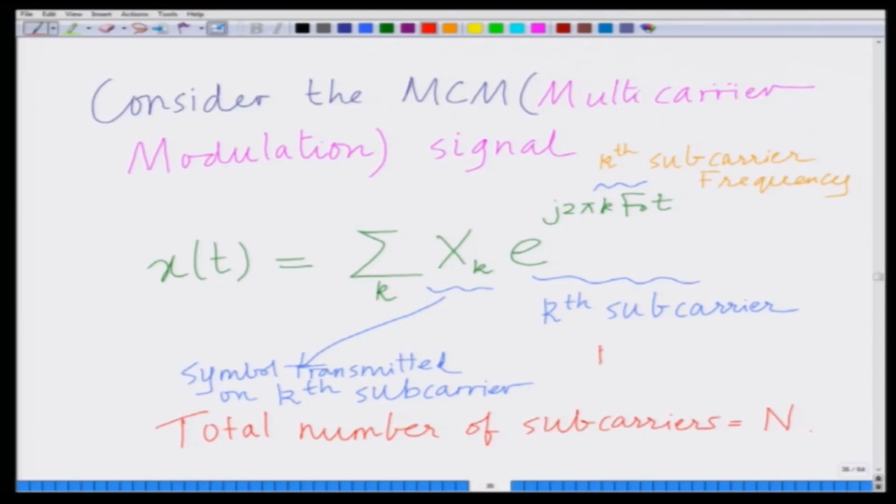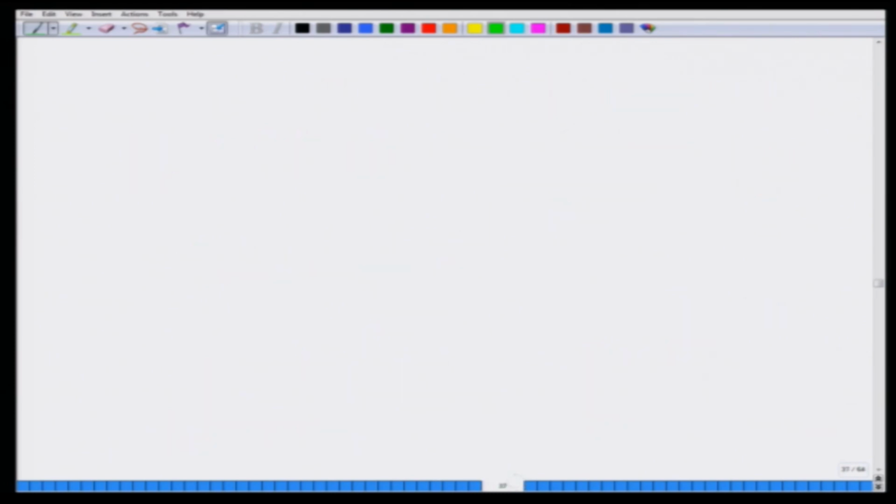Remember, we said f naught, the fundamental frequency, is basically B divided by N, where B is the total bandwidth, N is the total number of subcarriers. Now, if you look at this signal, let me rewrite it: x(t) equals summation over k X_k e to the power of j 2 pi k f naught t.